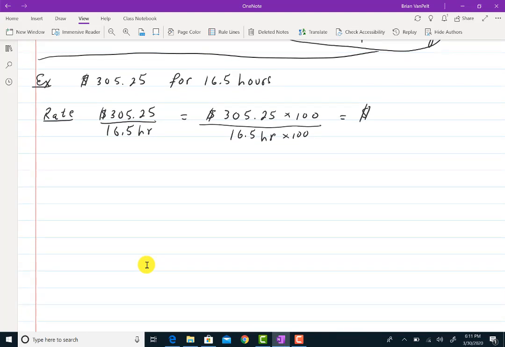So this gives us 30525 divided by 1650 hours. So that's probably the rate that they're going to be looking for if they ask you just to find a rate. Now for the simplified rate.